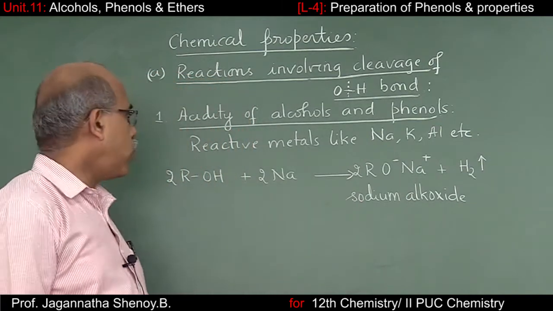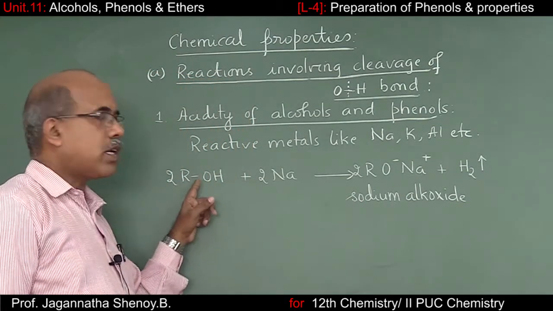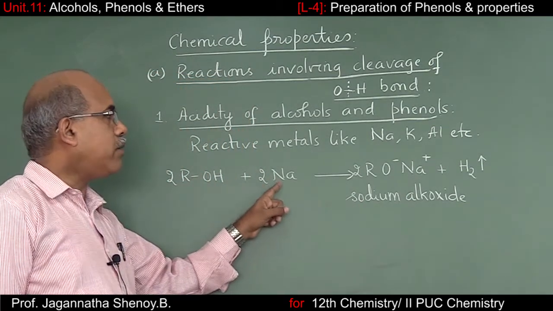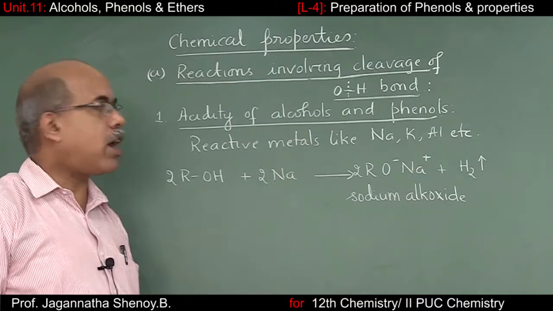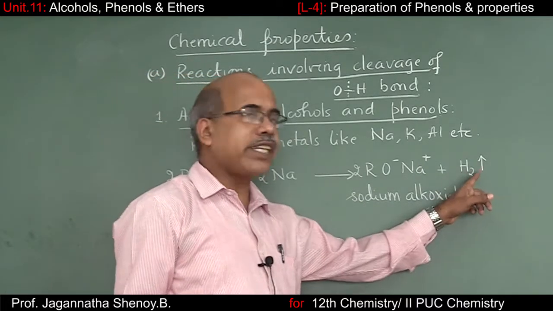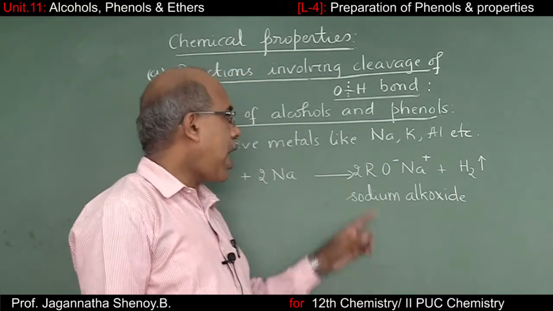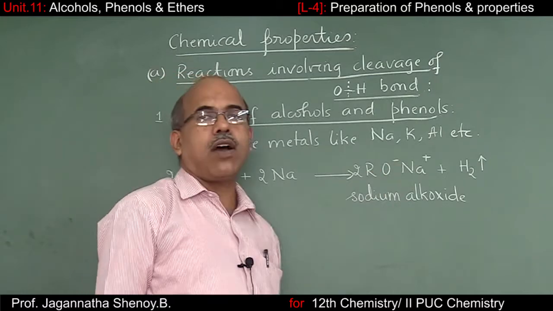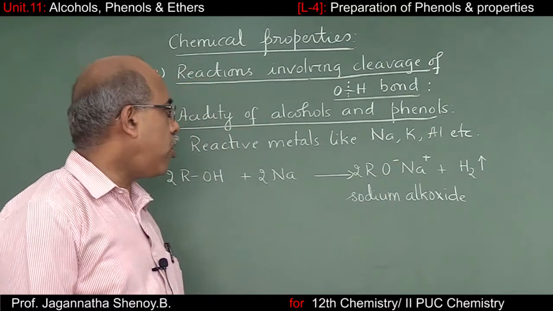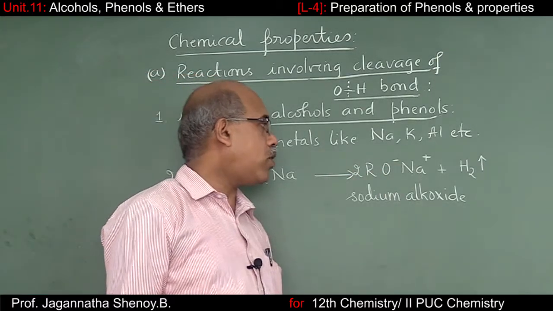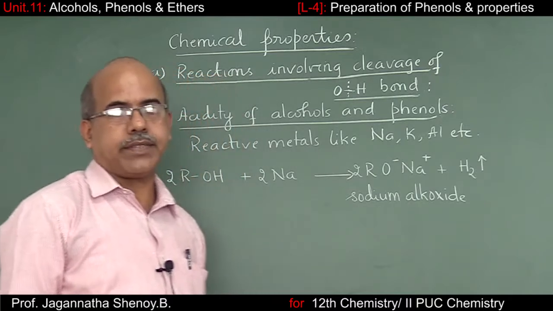So, when an alcohol is treated with an active metal like sodium, potassium or aluminium, hydrogen gas will be liberated. Along with that, the salt of the alcohol will be formed, and the salts of alcohols are called alkoxides.